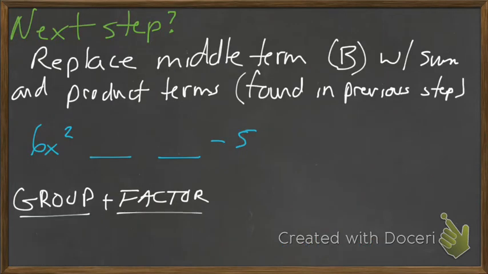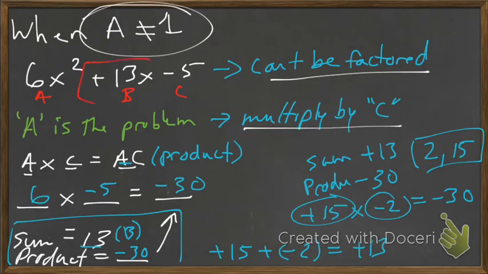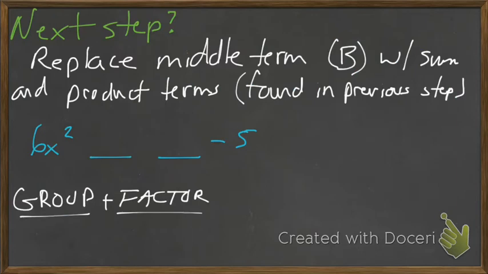Our next step is to replace the middle term, which was b. Our b was 13, but we're actually going to change that. It becomes positive 15x, negative 2x. This will be on the next slide.